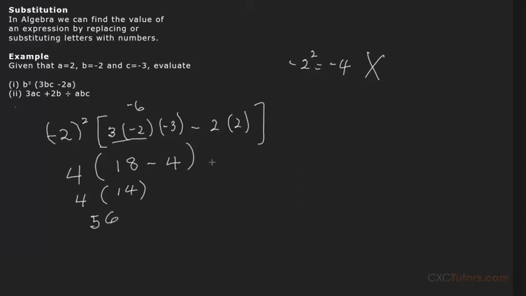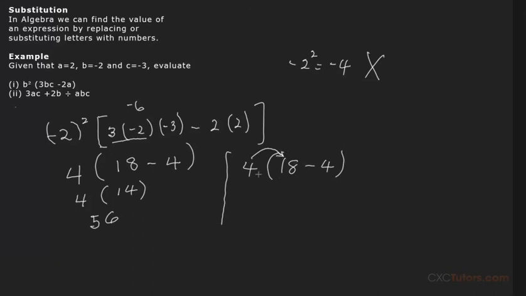Now, for those persons who would apply what is called the distributive law, you would still end up with your answer as 56, because we know that multiplication is distributive over addition and subtraction. So, just to show you, 4 times 18 minus 4, you can also say 4 times 18, and you can write down your value.